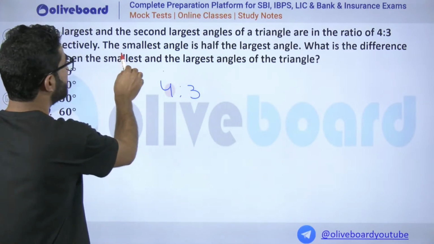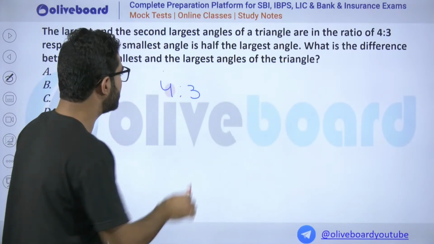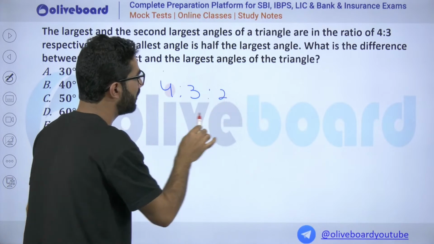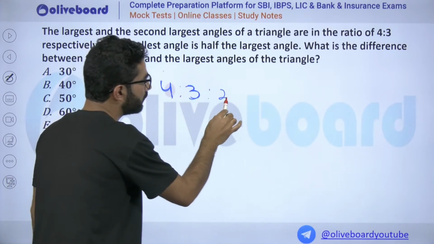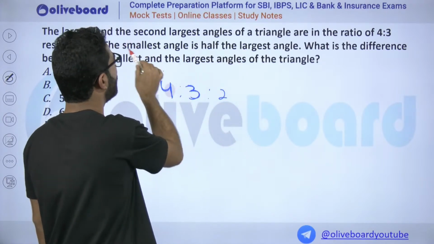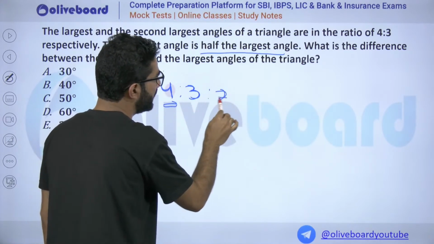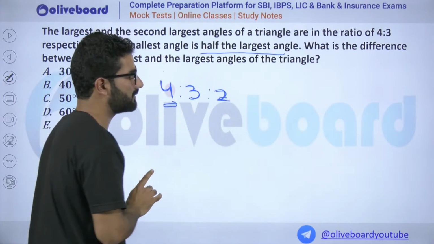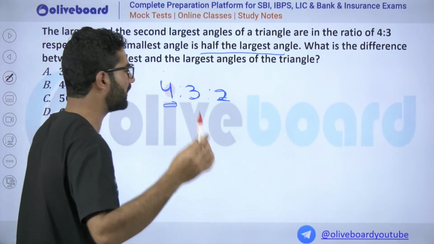The smallest angle is half of the largest angle, so it will be half of the ratio also. Half of the largest angle 4 will be 2. Now the ratio of the 3 angles is given. What is the difference between the smallest and largest angle? We will calculate that later.